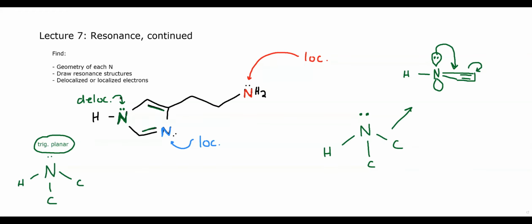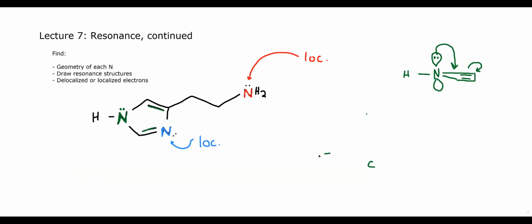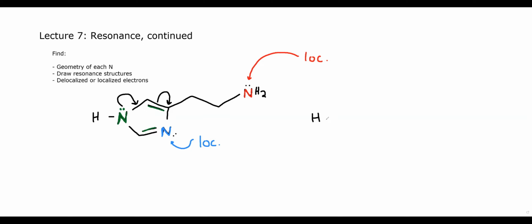So if we draw some resonance structures of this molecule, what could we do? We know these green electrons are delocalized electrons. Let's take them and put them into a pi bond, and we'll put this pi bond on that carbon as a negative charge. So we could draw this where we have NH.